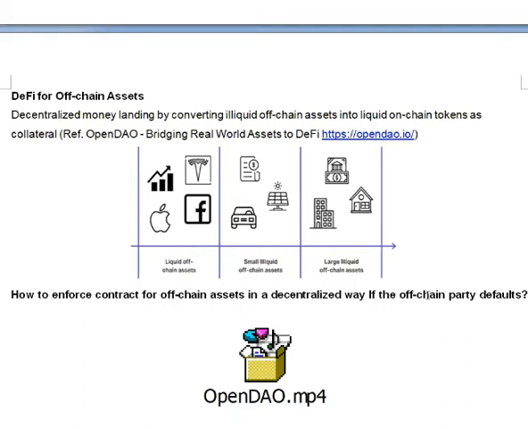But I hope that because this part is very lucrative and a very intense research area, in the near future this part will be solved, and then the pie of DeFi will be very, very big at the time. So here I want to introduce one project, the OpenDAO, and how they handle this part.